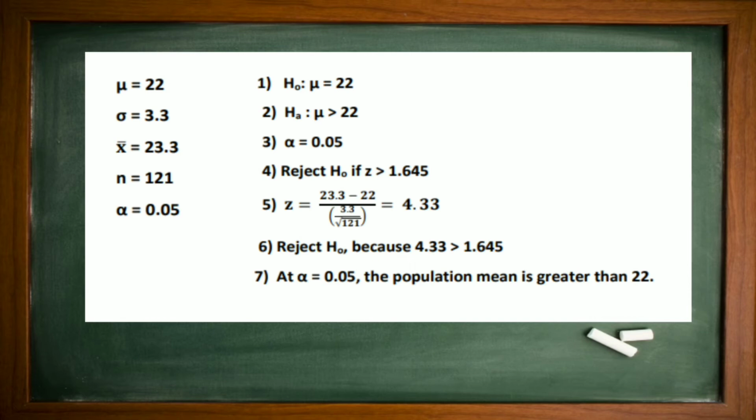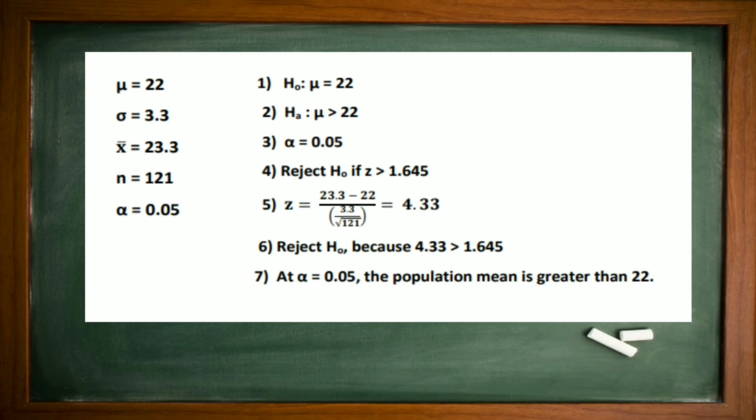Next, 1.3 divided by 0.3 is equal to 4.33333, or approximately 4.33. So yan na po yung final answer natin. Hindi na po namin inilagay yung computation. Yan po yung ating Z value, which is 4.33.